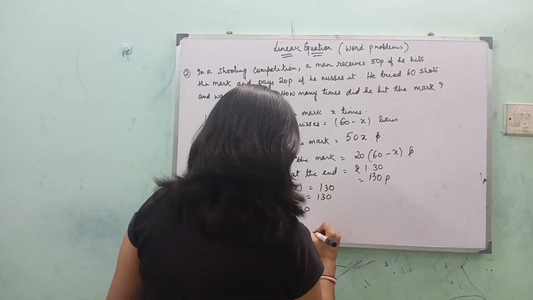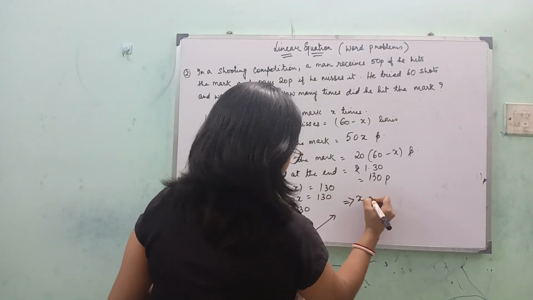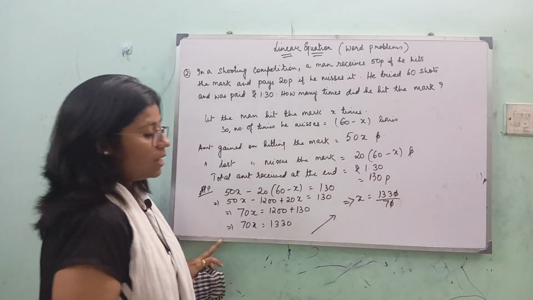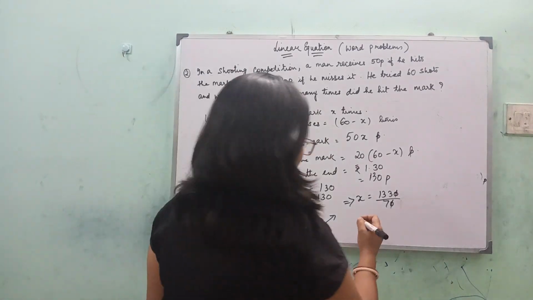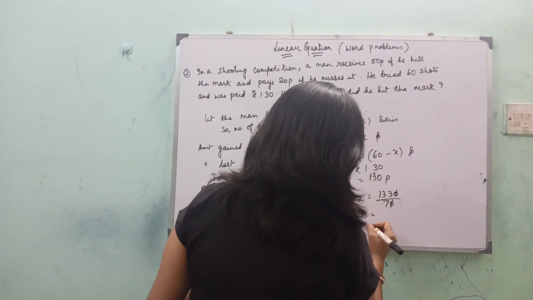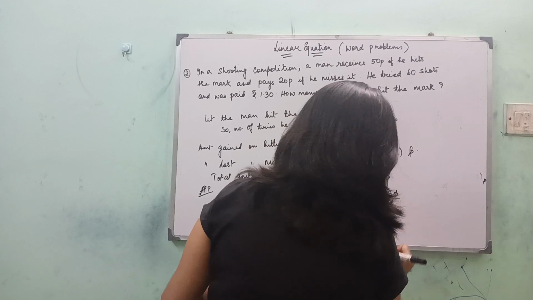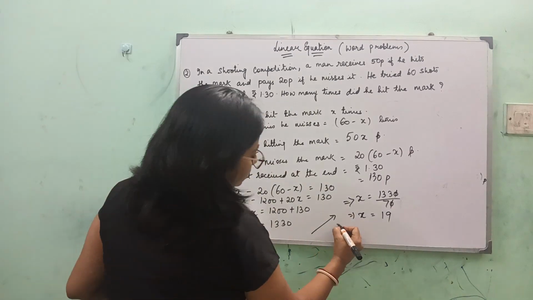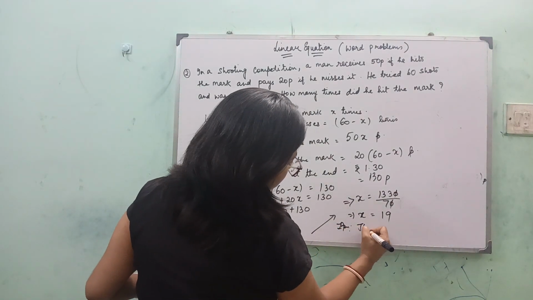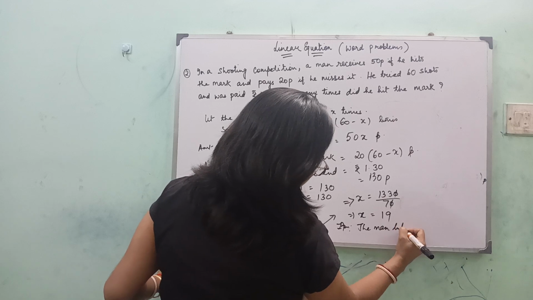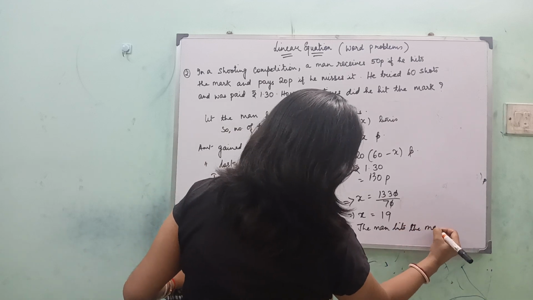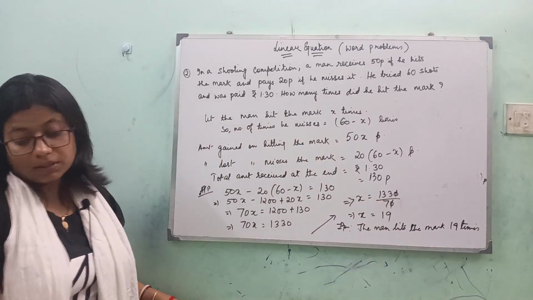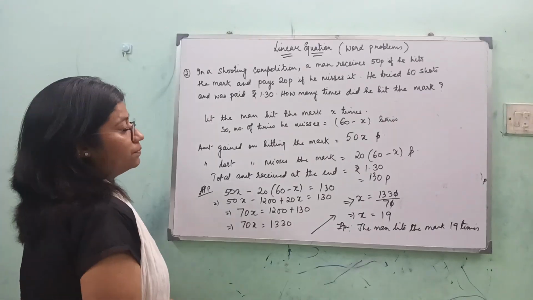That implies x is equal to 1330 by 70, zero cancels, and this is 19. So the man hits the mark 19 times. So here we come to the end of the problem.